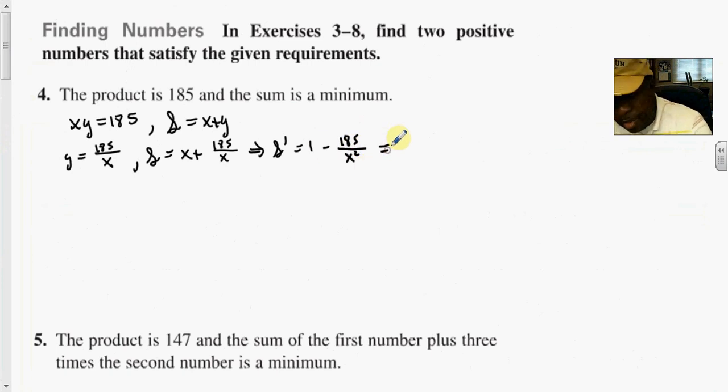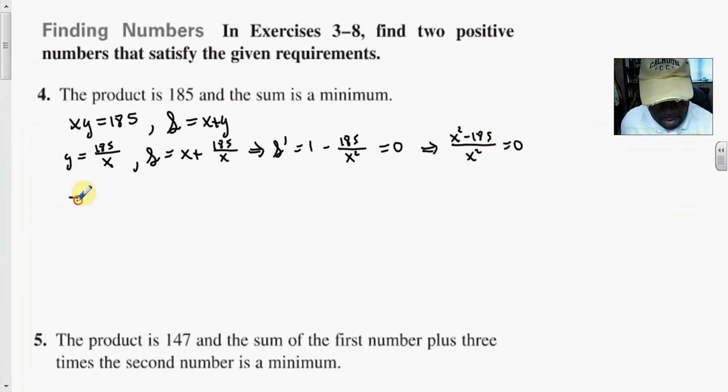And if we set the derivative equal to 0, just combining these two terms, this gives us x squared minus 185 all over x squared is equal to 0. Now from there, if you multiply both sides by x squared and then solve for x, you get x equal to plus or minus the square root of 185.